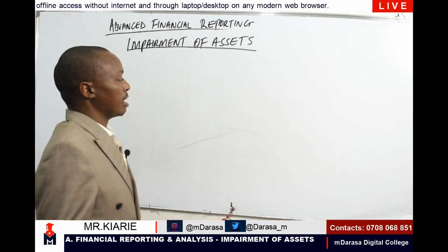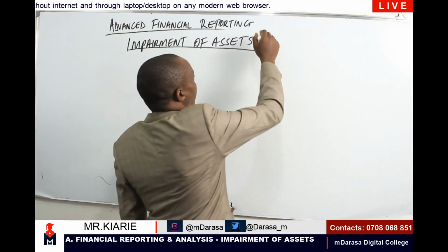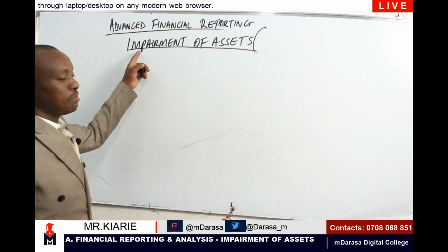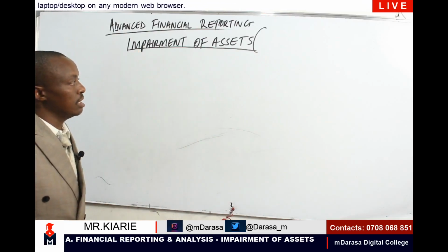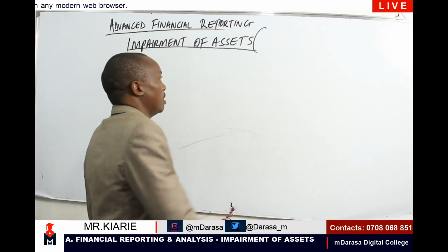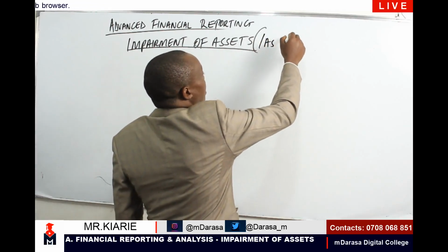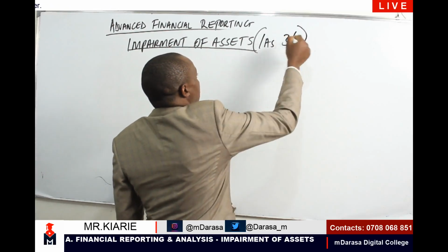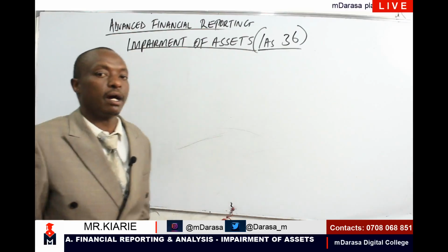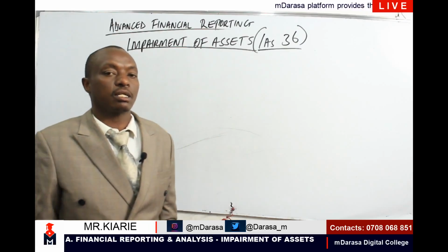For today, I would like us to proceed with another aspect of assets and liabilities called impairment of assets. Impairment of assets is covered by a standard we call International Accounting Standard number 36, IAS 36.